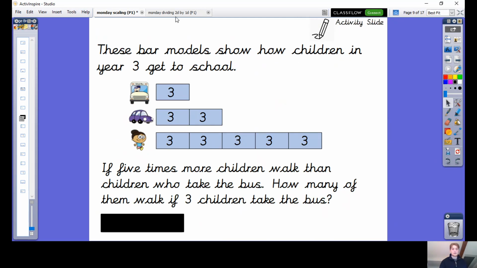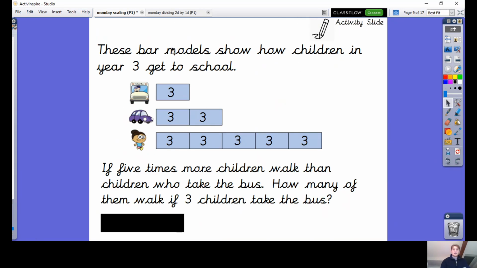So, another activity for you to do in your books now. Let's use these bar models to show how children in year 3 get to school. So we can see that 3 children get to school on the bus. 2 lots of 3 children get to school in a car.